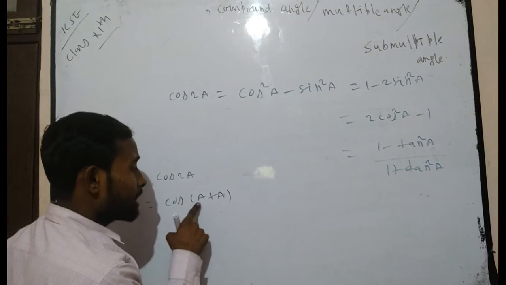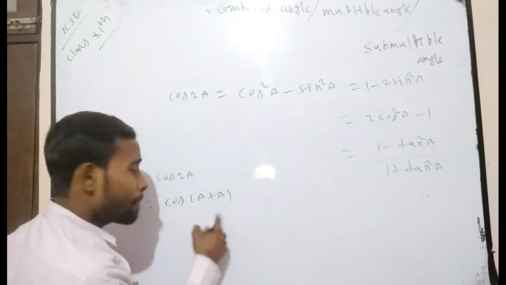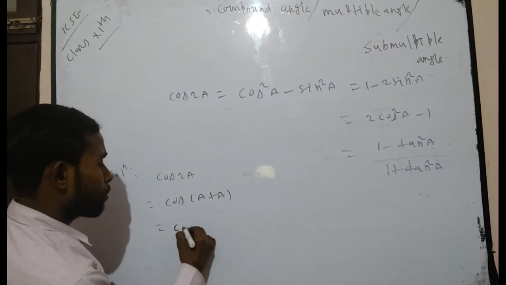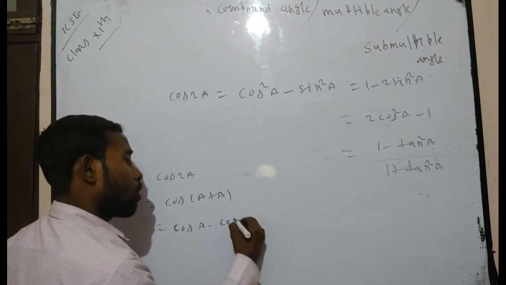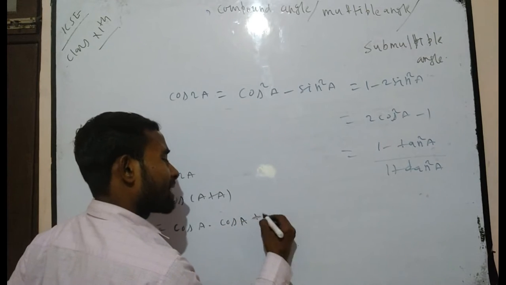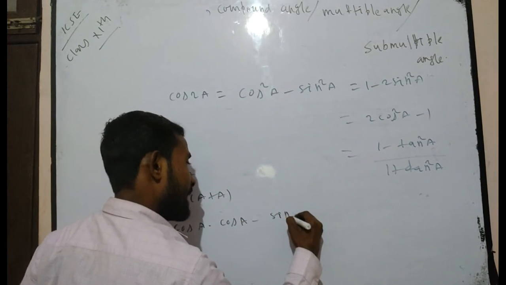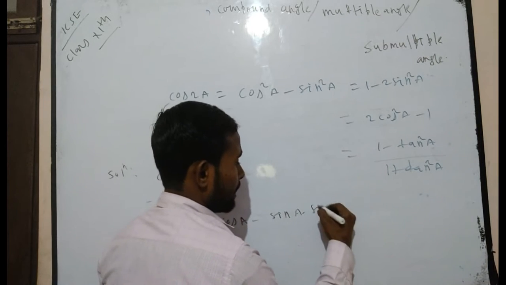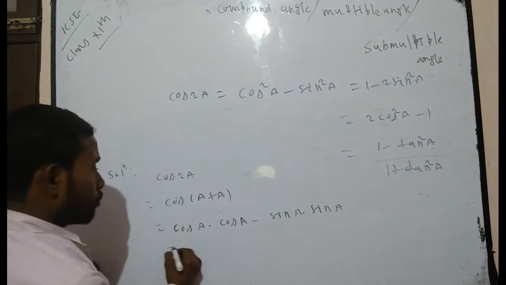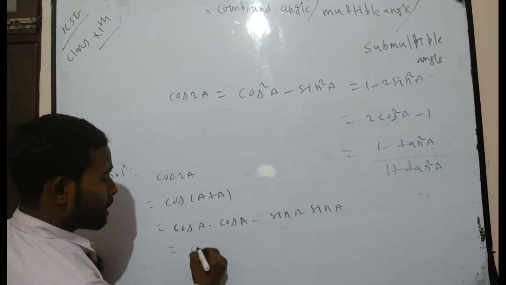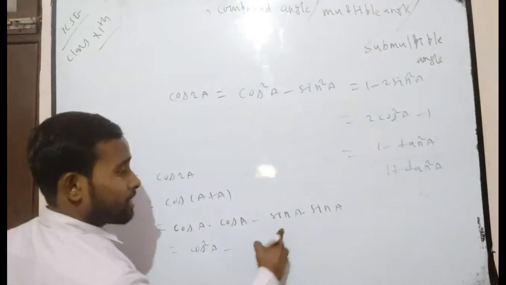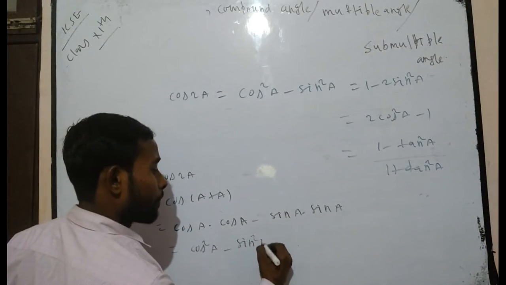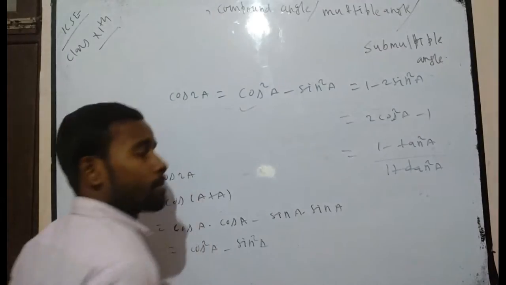In that case, you can say cos(a + b). Using the cos(a + b) formula, you get cos a cos b minus sin a sin b. Here cos a into cos a is equal to cos square a, minus sin a into sin a is equal to sin square a. Here you have proved the first formula.